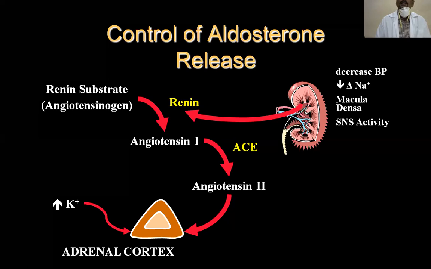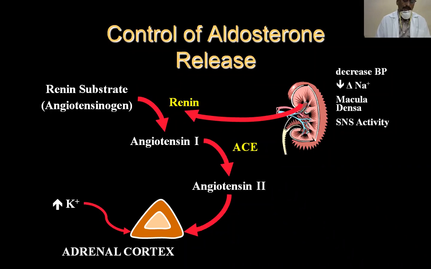aldosterone release by threefold. Suppose we take a diet containing from as low as 50 to 200 milliequivalents; the dietary intake may vary in a day. Whenever we take a low potassium diet, for example 50 milliequivalents per day, there will be a basal secretion.